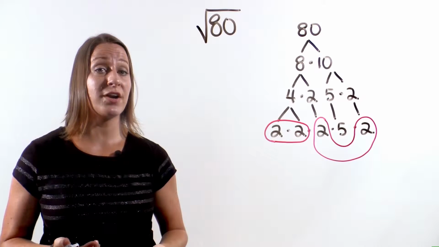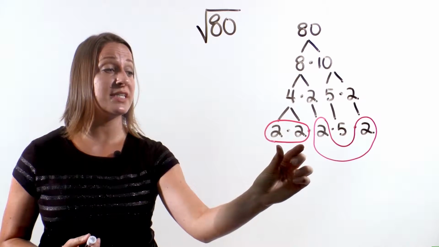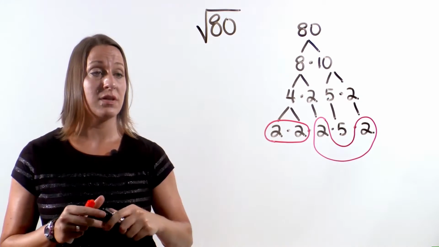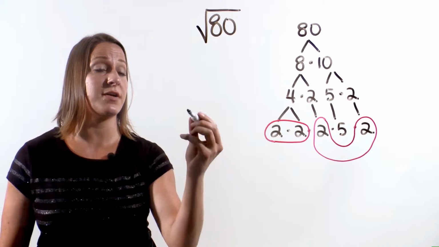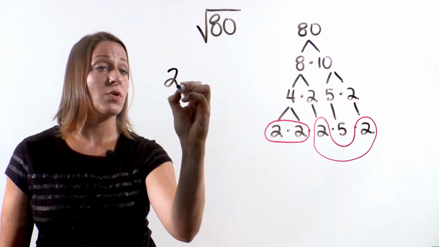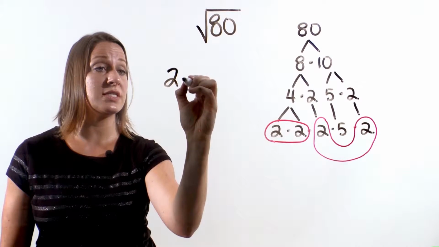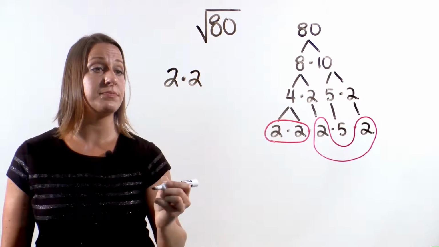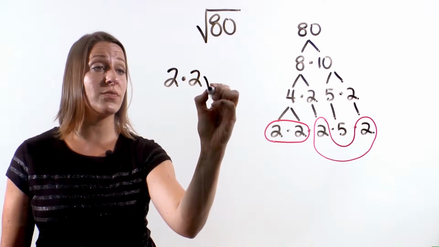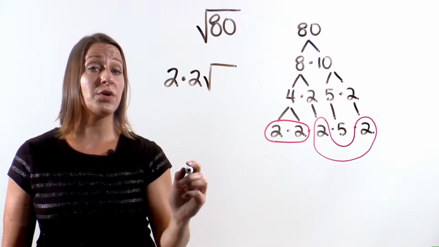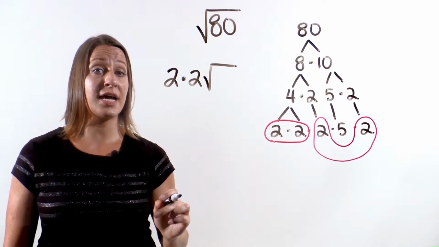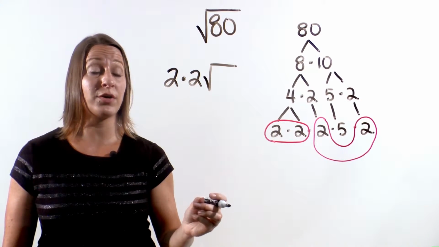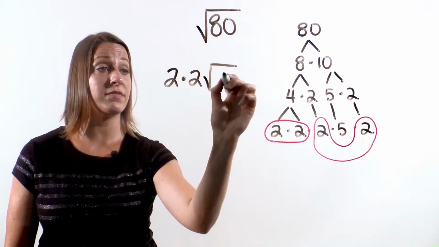So here's how we're going to write our final answer. We're going to represent each set of twins on the outside of the radical sign. So we have one set of twin 2s, times another set of twin 2s. Now we're going to draw our radical sign, and we're going to put the number inside that did not have a partner to match up with, which is our 5.